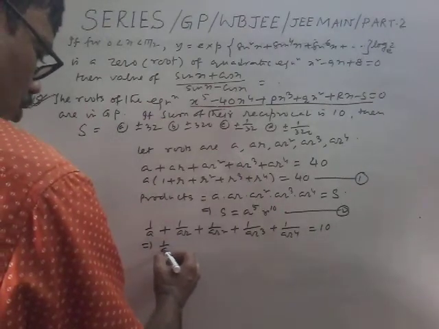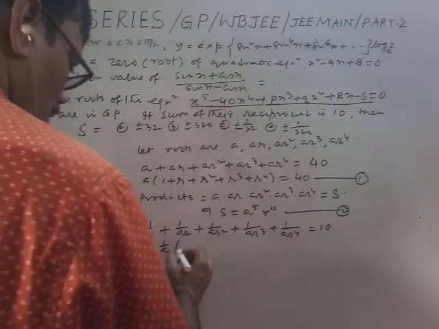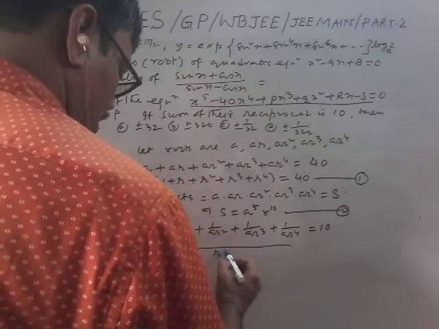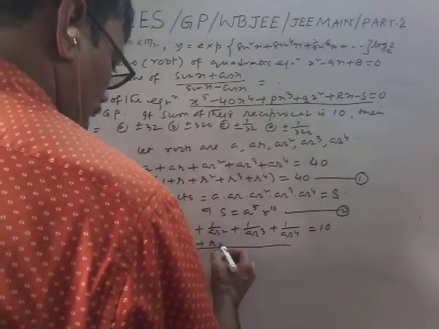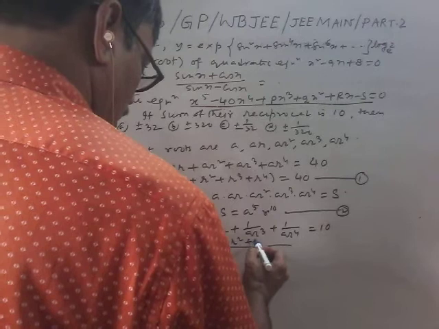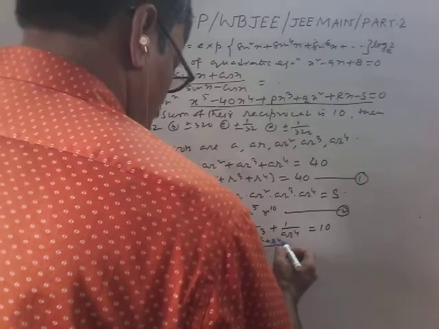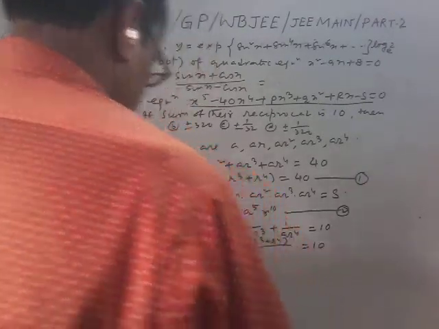So 1 by A common, and r to the power 4 is the LCM. So 1 plus r plus r square plus r cube plus r to the power 4 equals 10.